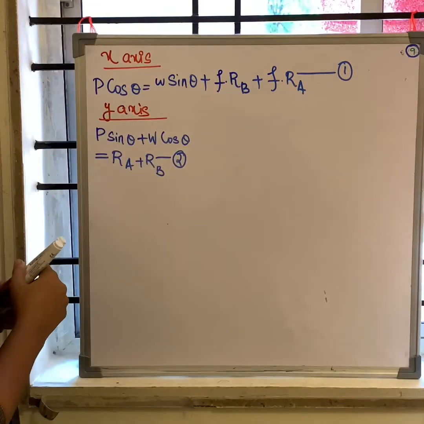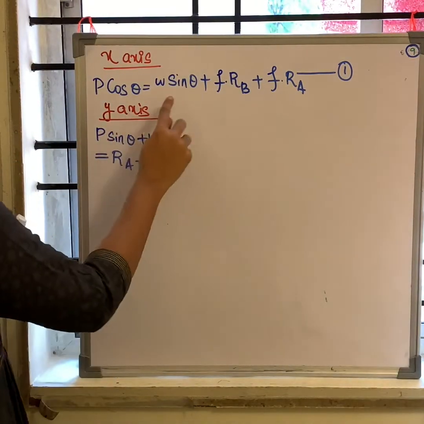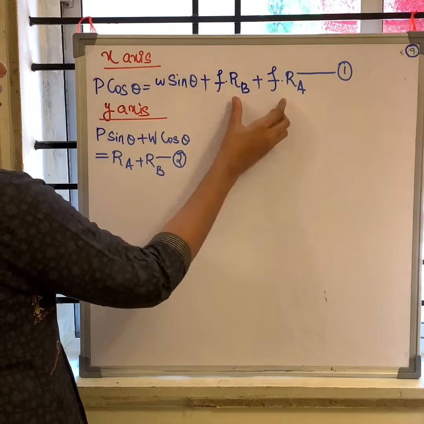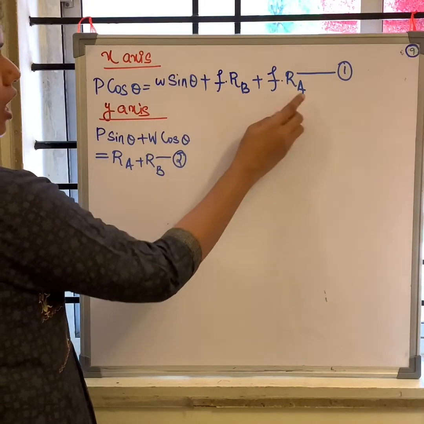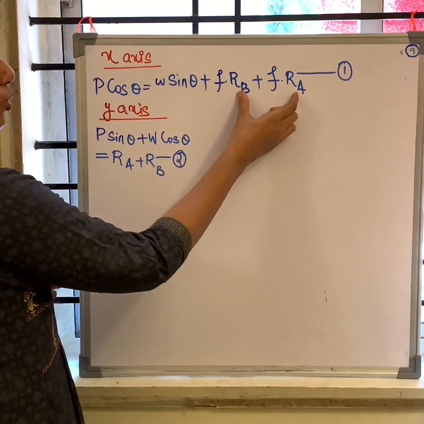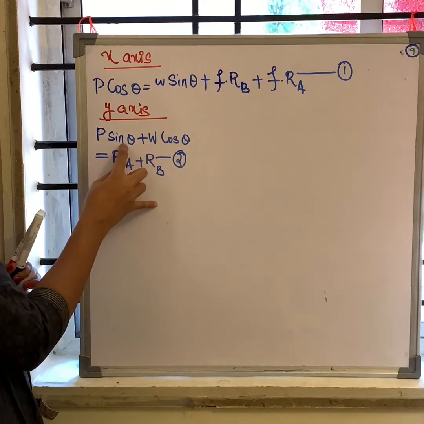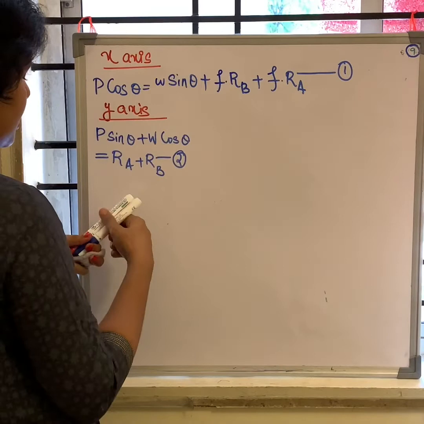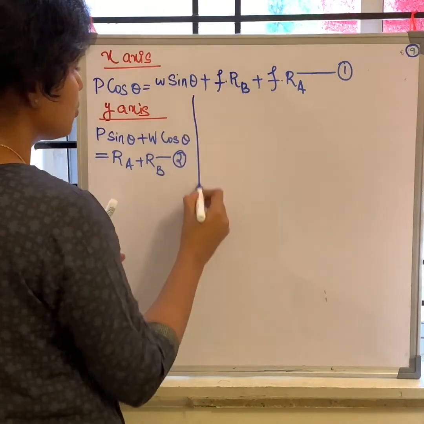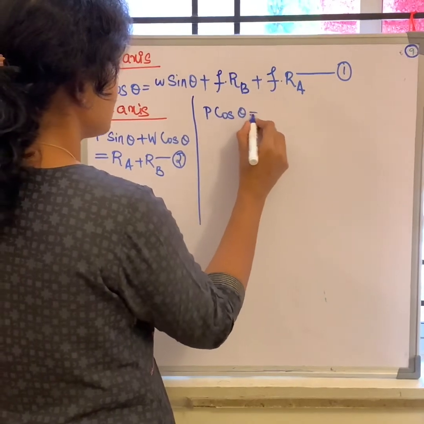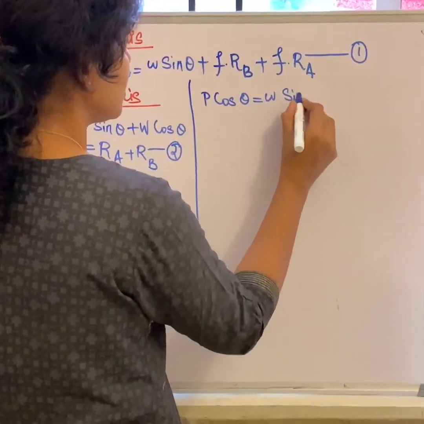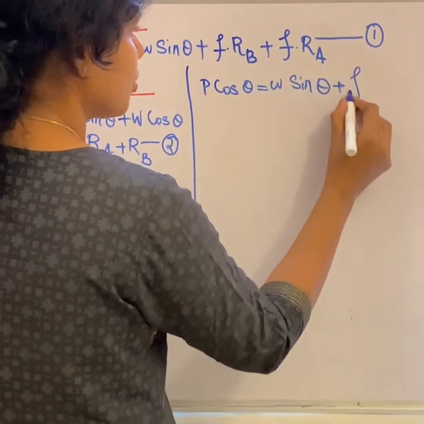So how will we compile these equations? Now if you are looking here, we can slightly arrange, because we can take this common term F, coefficient of friction, times RA plus RB, and I will come to know what RA plus RB is from the second equation. So let's do that rearranging. I'm going to work on the first equation again, that is P cos theta is equal to W sin theta, taking F as a common term.